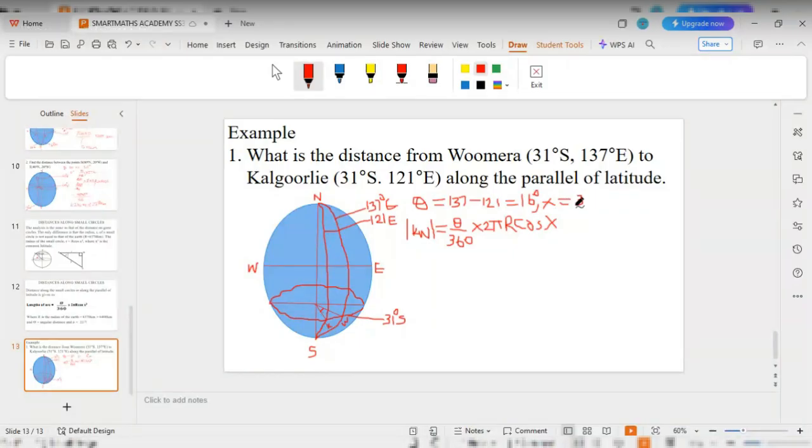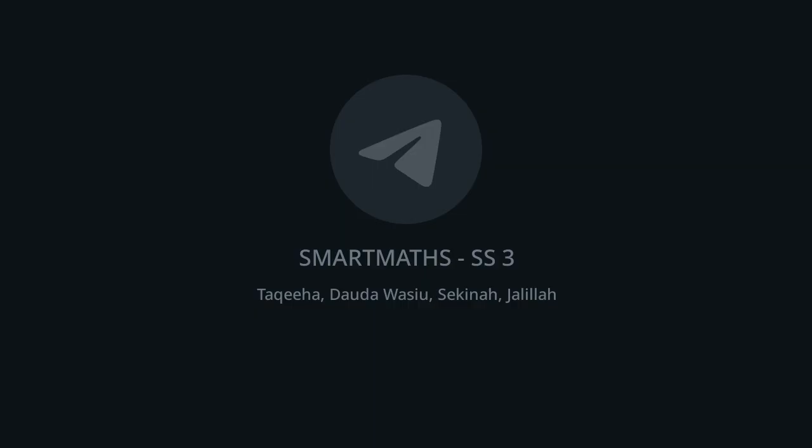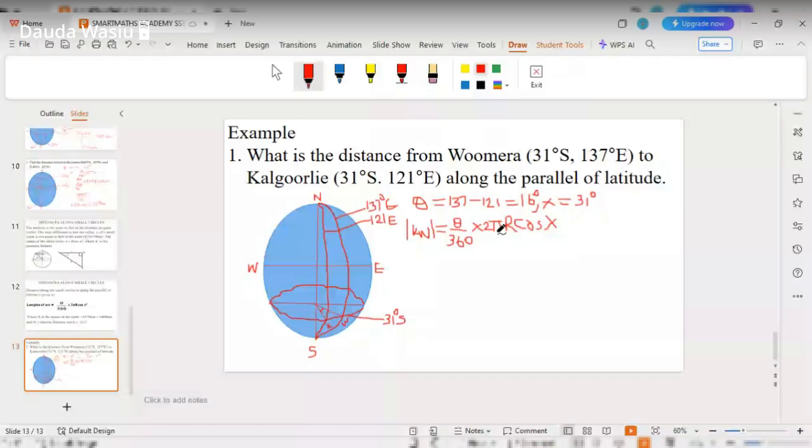You now substitute all this. The radius of the earth is 6,400. Pi is 22 over 7. Theta, the angular difference, is 16 degrees, and x is 31 degrees.